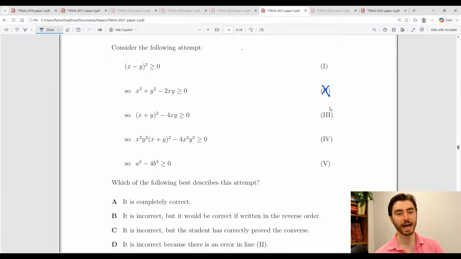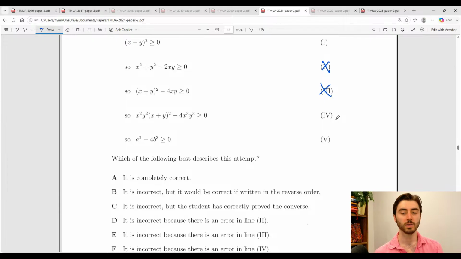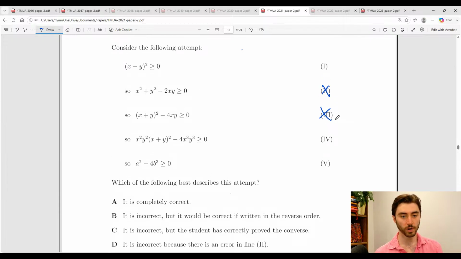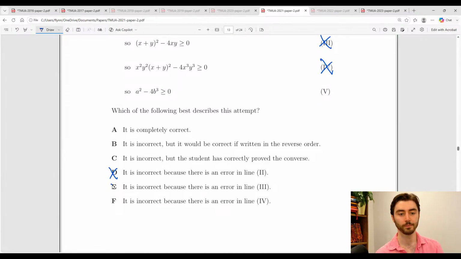That is what happens when you complete the square, because this would be x squared plus y squared plus 2xy, which would cancel with the 4xy to give you a minus 2xy overall, right? So there's nothing wrong with line 3. Is there anything wrong with line 4? No, we've just multiplied both sides by x squared y squared. Because it's x squared y squared, we know that has to be positive, so that does not change the sign. There is no issue. So it's not D, E, or F.